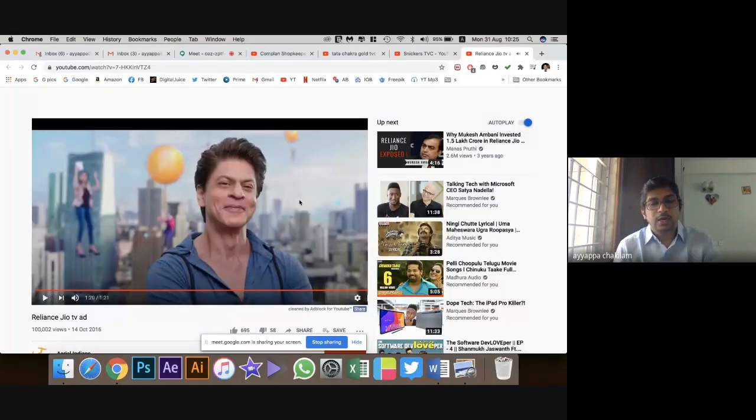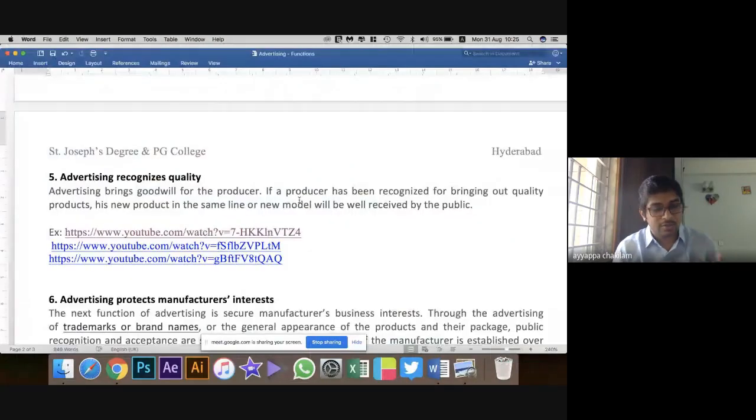So you see a company, Reliance, the largest private sector company in India for the last 3 decades, venturing into a new business, that is telecom. This was the ad they released when they launched their Jio products in 2016. This ad says it's the fastest, the widest, the largest communications company in India.